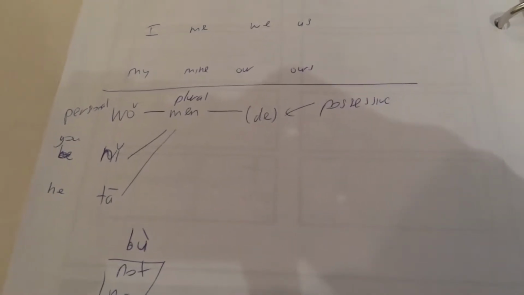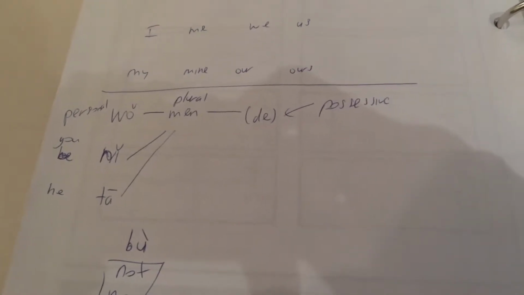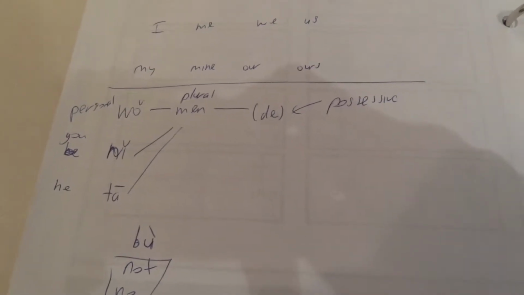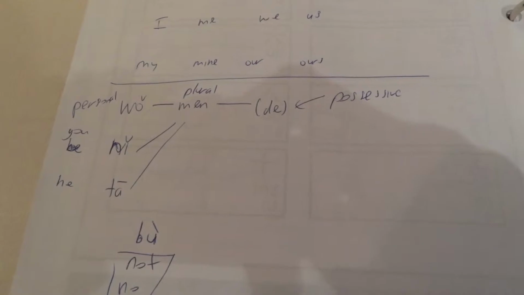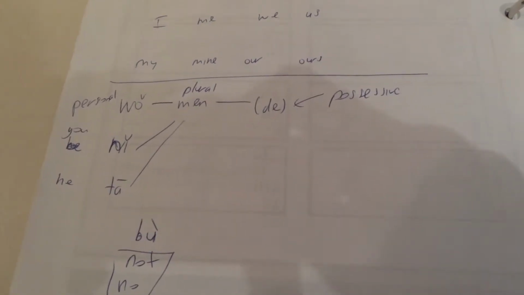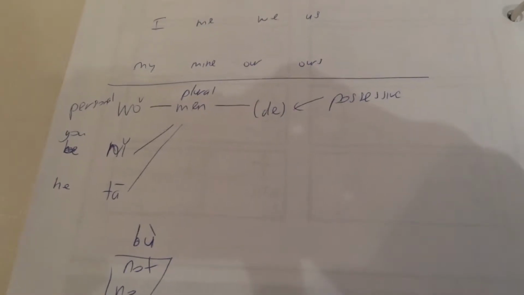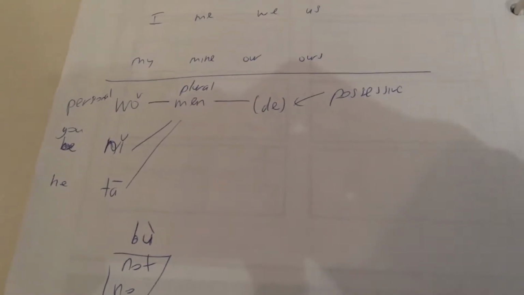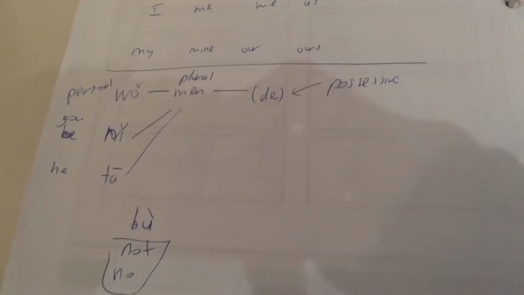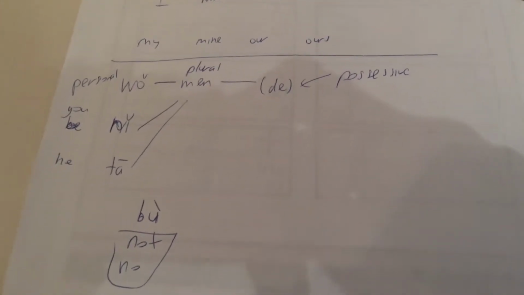So 我们喝咖啡. We drink coffee. You can also say for the possessive, so basically my friend, you can say 的. So 我的朋友. That's my friend. Okay, so that's the basic thing.